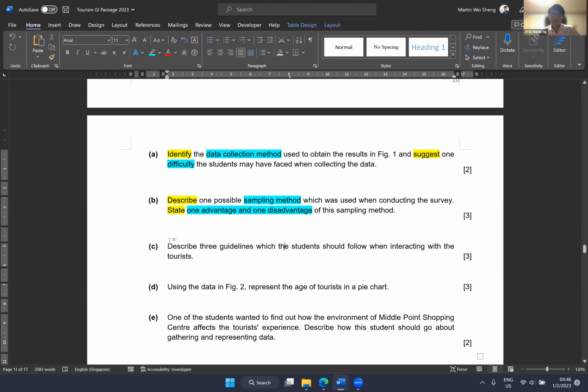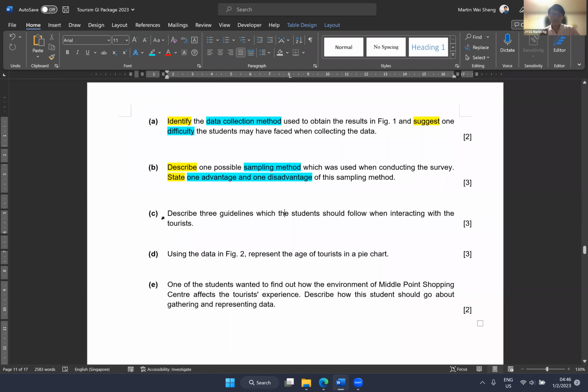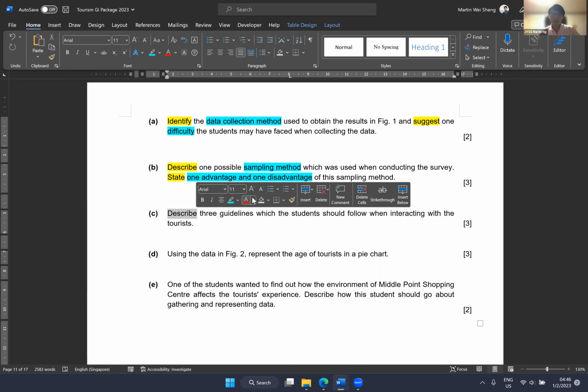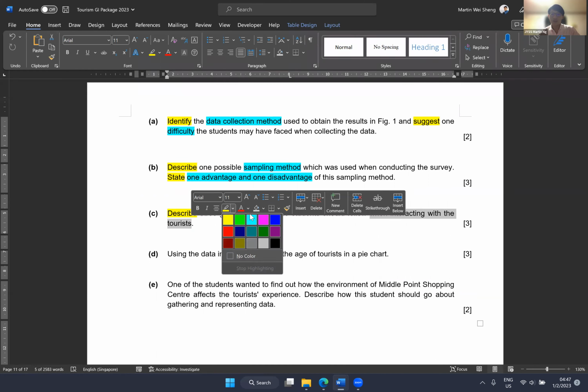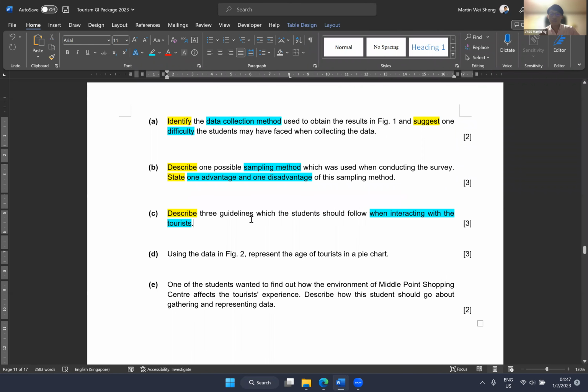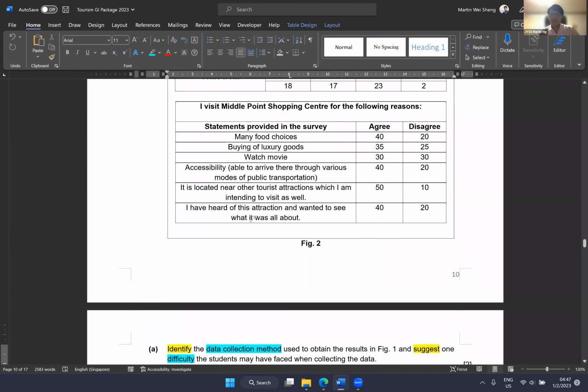All right, now question number 3. Okay, so describe 3 guidelines the student should follow when interacting with the tourists. Okay, so this one is quite straightforward because it is worth 3 marks, and then they are supposed to describe 3 guidelines. Okay, so you have to think about when would the students interact with the tourists. Okay, when would they talk to the tourists? Okay, so pause the video, think about it.